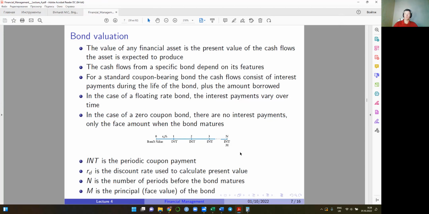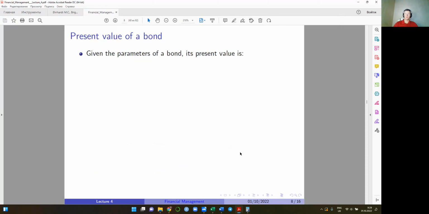We know how to compute present values. So the computation of a bond value becomes very simple. Given those parameters of a bond, the present value is computed in the following way. We take the first expected coupon payment, divide this by 1 plus RD to the power of 1.